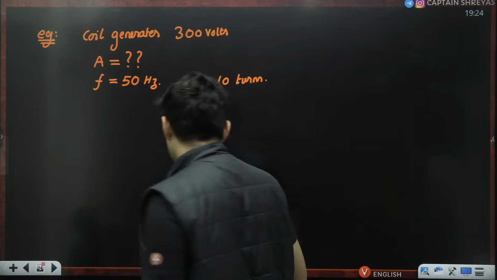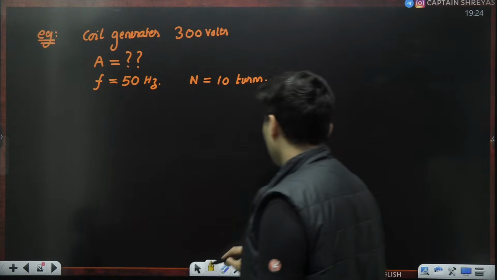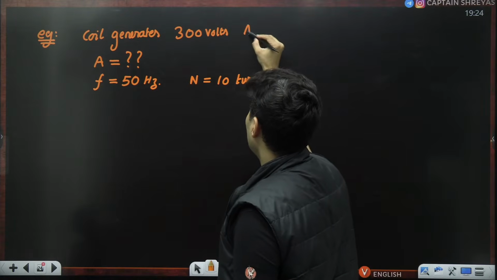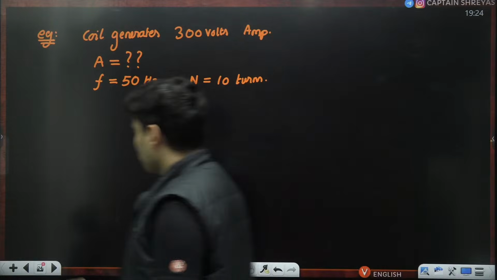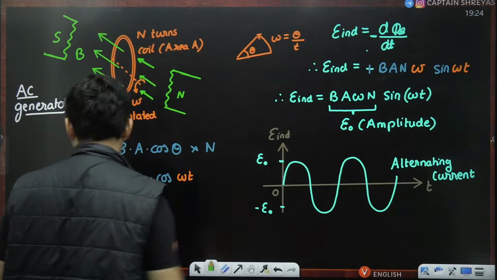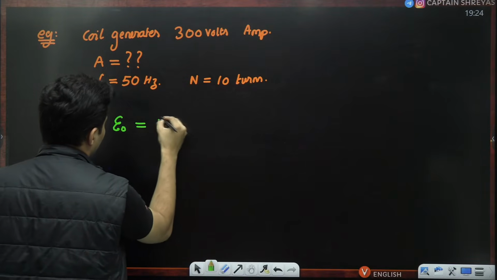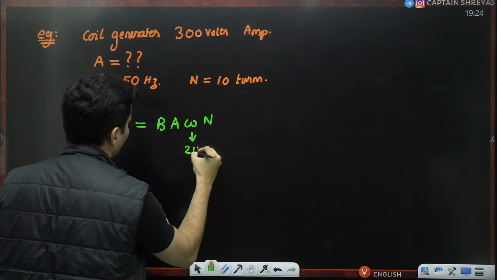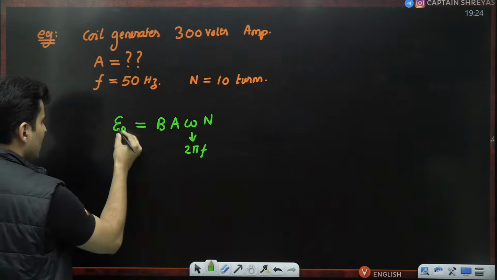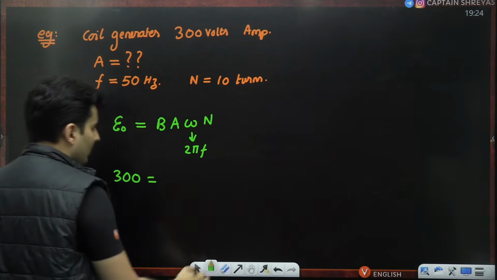So how do you solve this particular question? 300 volts of amplitude is being generated. To solve this, just go back over here. The maximum EMF is BA omega n, and this omega is 2 pi f. Let me remind you. This E naught is nothing but 300. The magnetic field also needs to be given.